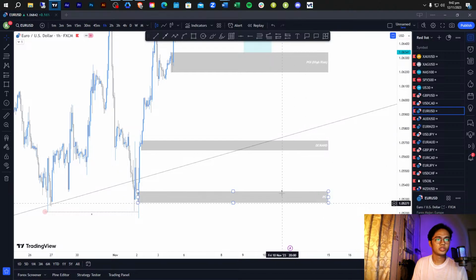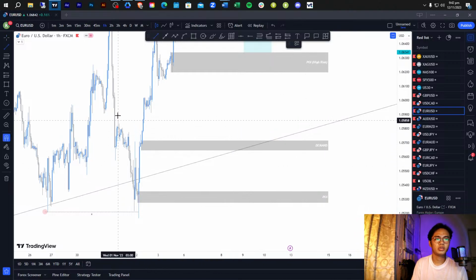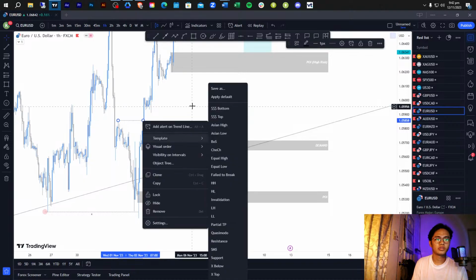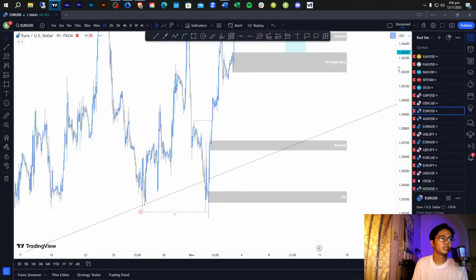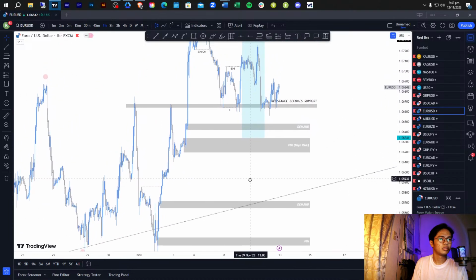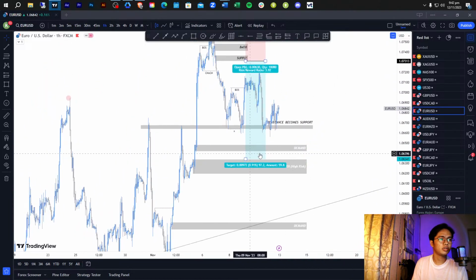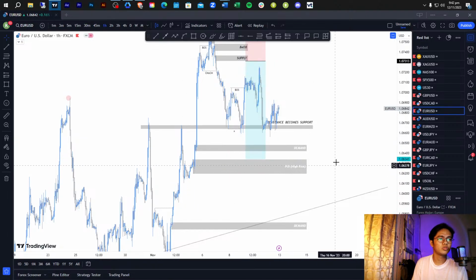these two, especially these two, because this is a break of structure and this is a demand and this is a setup for us. And this area might be an inducement.